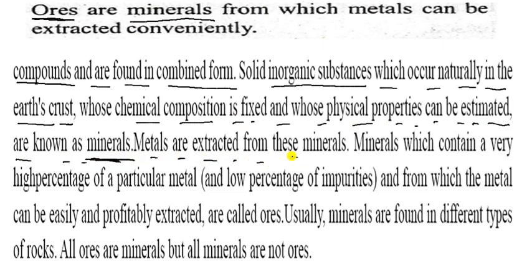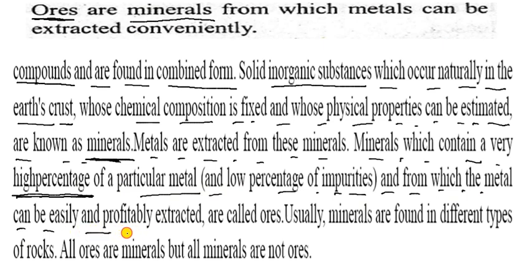Metals are extracted from these minerals. Minerals which contain a very high percentage of a particular metal and a low percentage of impurities, and from which metals can be easily and profitably extracted, are called ores.